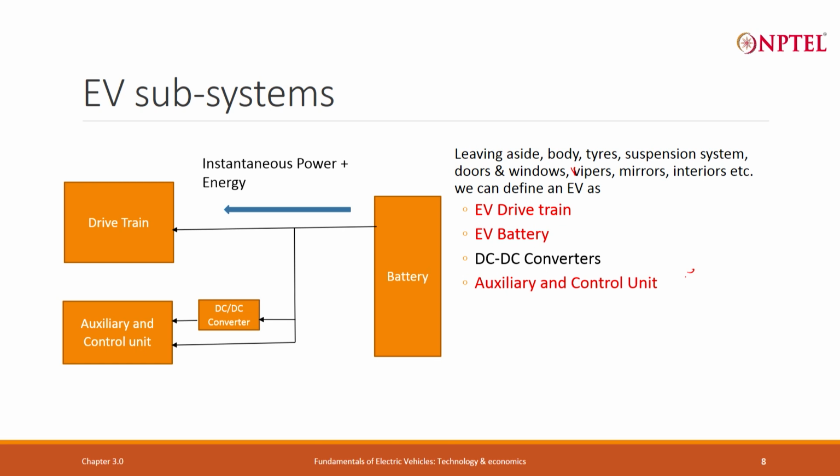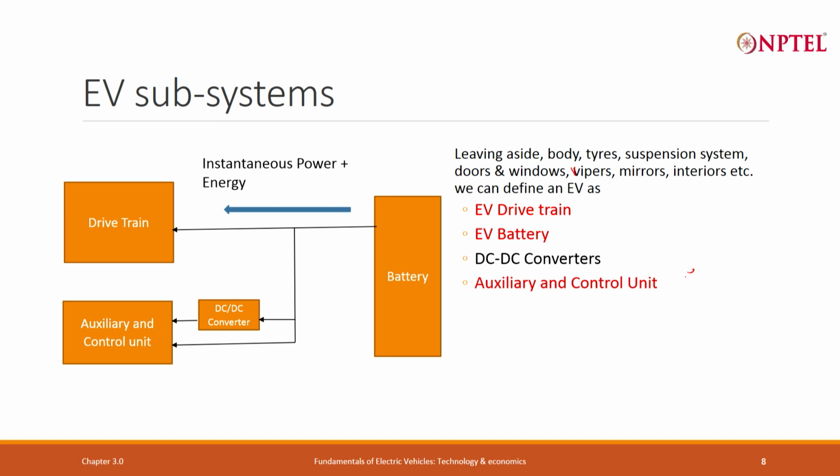EV battery, various DC-DC converters, an auxiliary and control unit, air conditioning system, things like power brakes, power steering, all kinds of lights. All these are auxiliary and drive control.